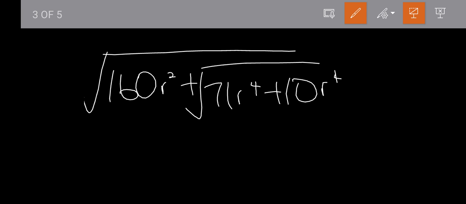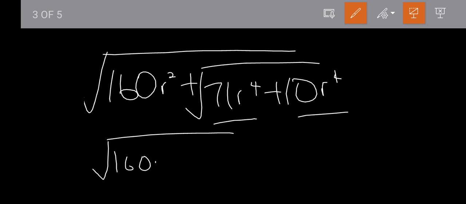Now you can see that they both have r raised to power 4. So it is simple for us to add them together because they have the same variable, r raised to power 4, just like adding in algebra. So I'm going to be having 160 r raised to power 2 plus the square root of 81 r raised to power 4.